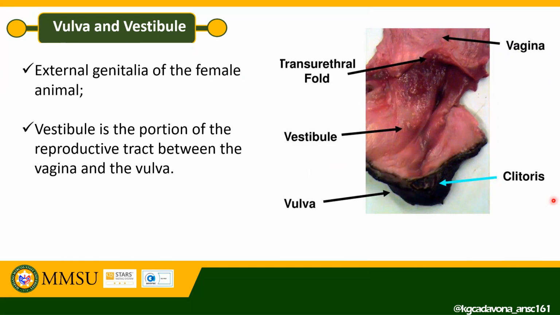Okay? And if you try to recall yung your ANSI 20 for the external anatomy of different farm animals, the clitoris is just located inside this organ. And ano na ulit ang clitoris? So if sa lalaki is penis, for the females, we do have the clitoris as the sensory and erectile organ.